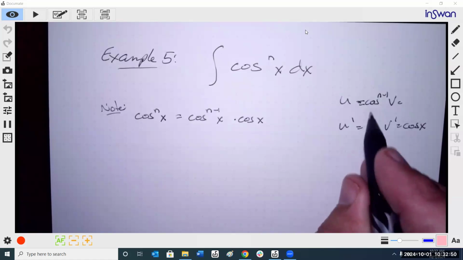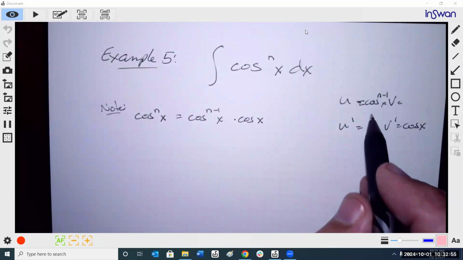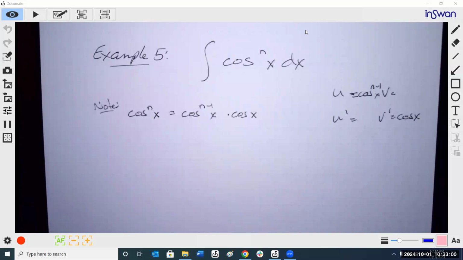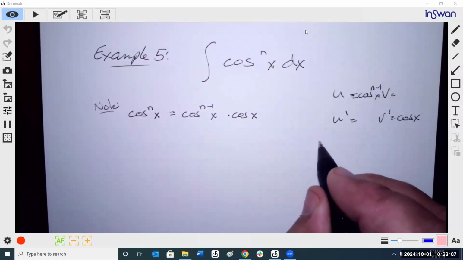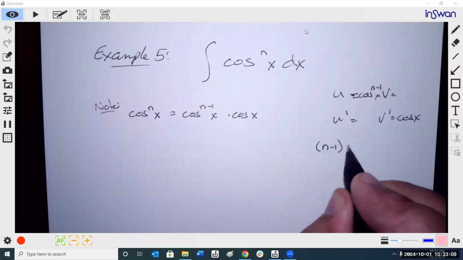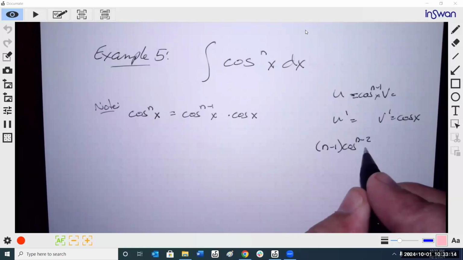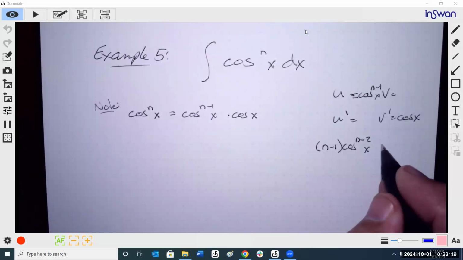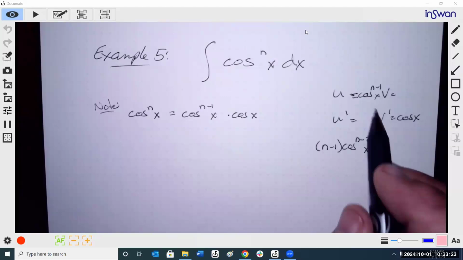Now, the derivative of cosine n minus 1 x. This is where it gets complicated because it's a chain rule. The derivative is n minus 1 times cosine n minus 2, times the derivative of the inside.